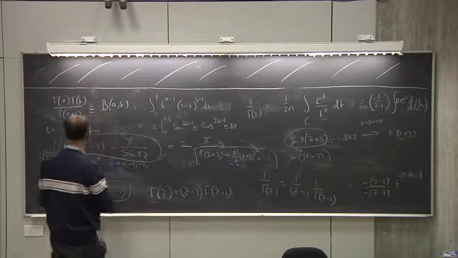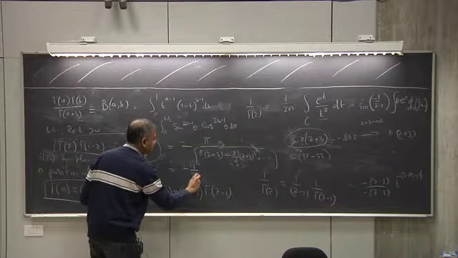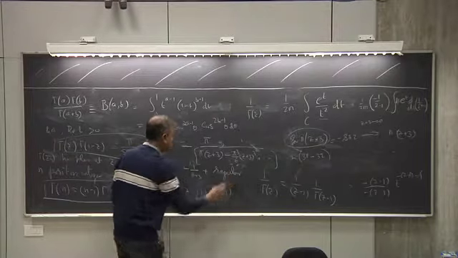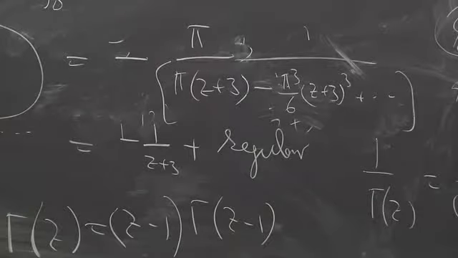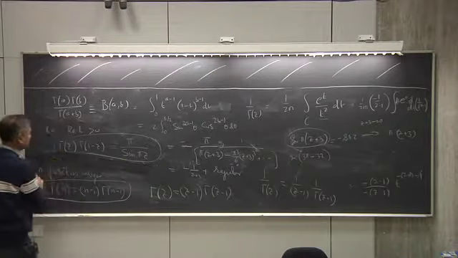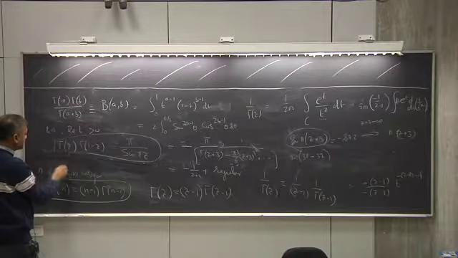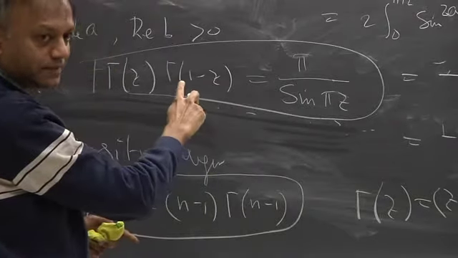So what is the residue? This is the same as minus 1 divided by z plus 3 plus regular terms, right? When you expand it. On the other hand, the right hand side gives you, we are looking at z near 3, so this becomes gamma of 4, right?